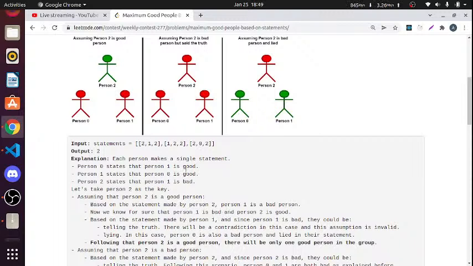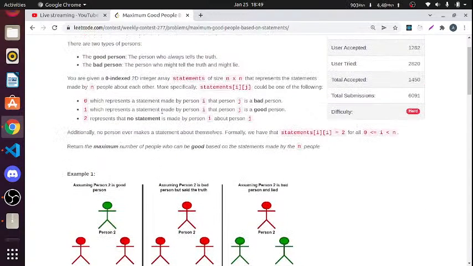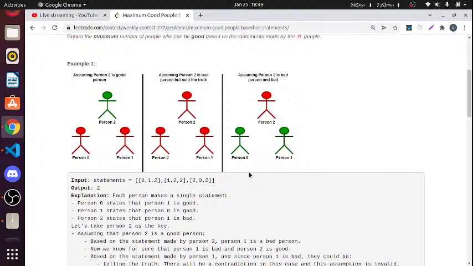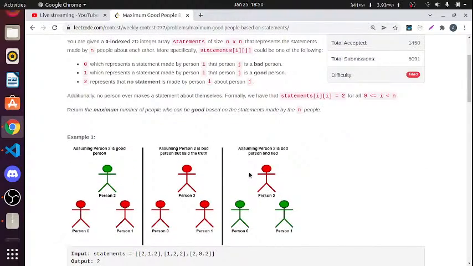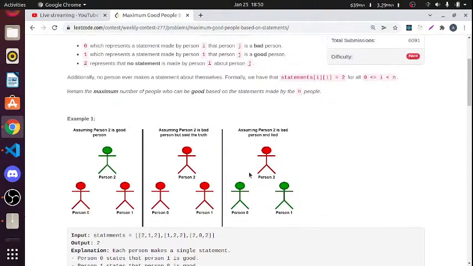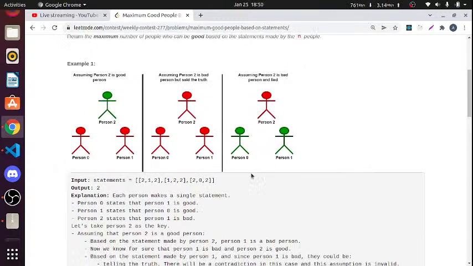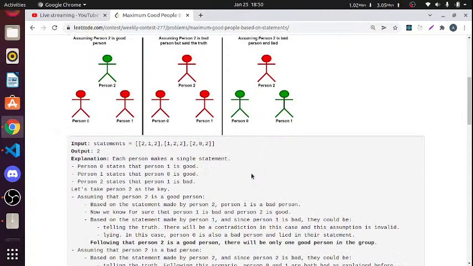How are we making this a bad person? Statement i j will represent that person i states that person j is a good person, right? Person i is not person j, right?